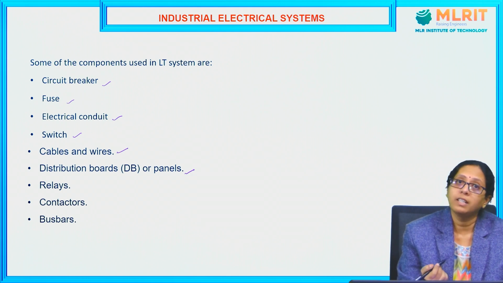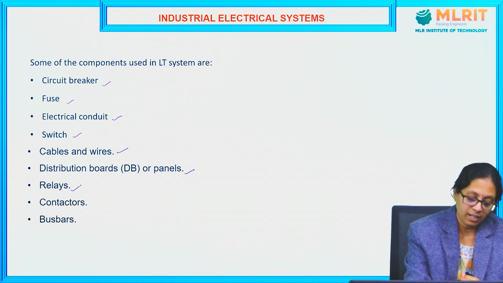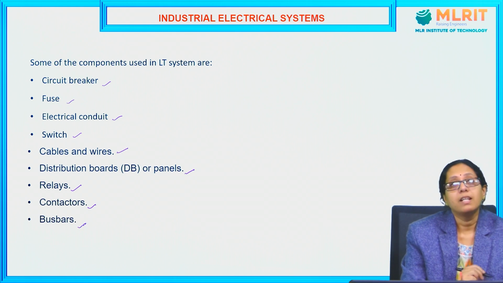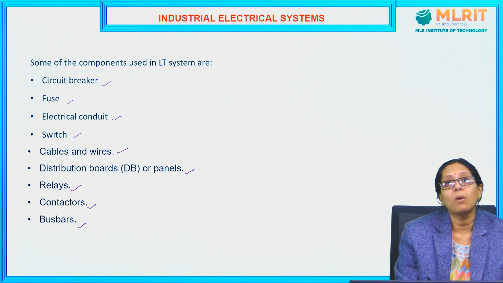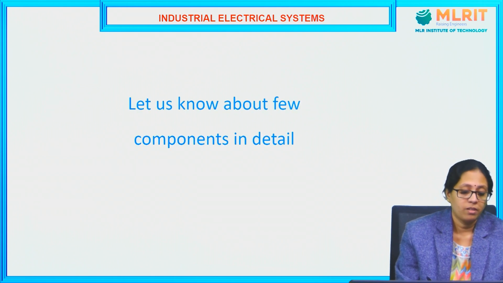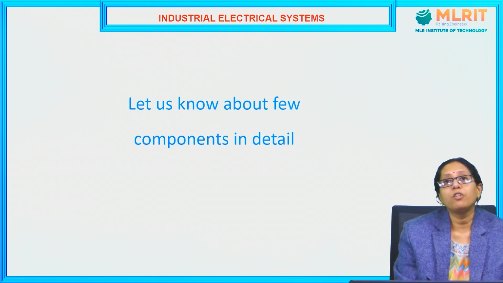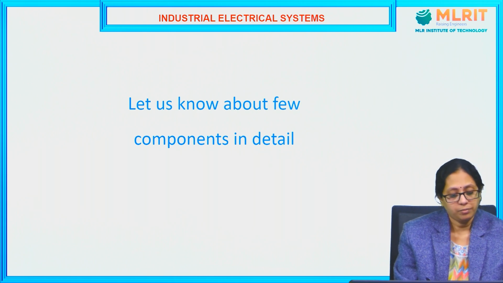You can call it in any way. Next, relays, contactors and bus bars. These are some of the components which are mainly used in LT wiring system. Let us know a few components in detail.